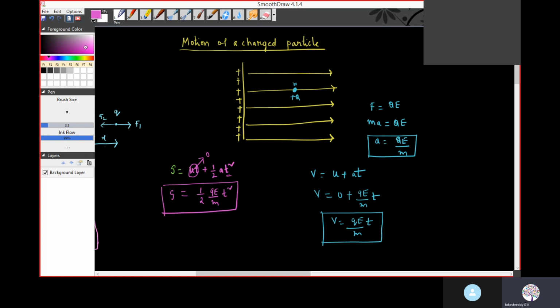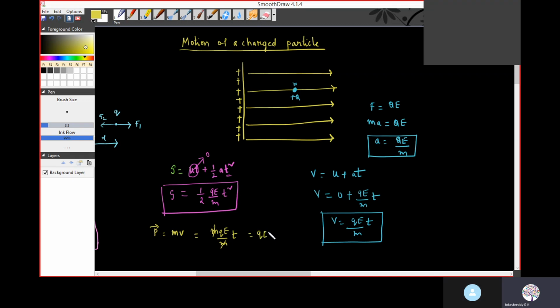So similarly, we can calculate momentum also. Momentum p is equal to mass into velocity v. So v is equal to qE by m into t. So m into qE by m into t, this m and m get cancelled.